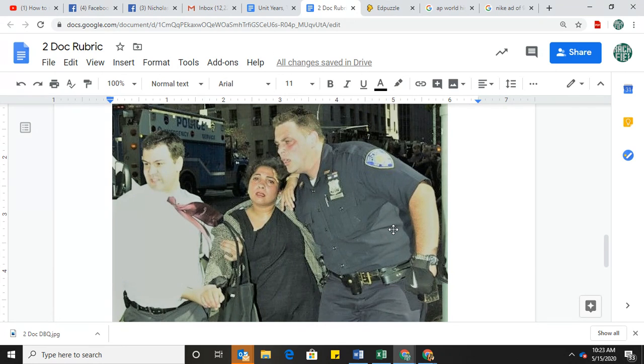The point of view of the person that took this picture and turned it into a kind of propaganda advertisement is that Nike should not be celebrating somebody like Colin Kaepernick, who they would have said is un-American. I won't get into that debate.